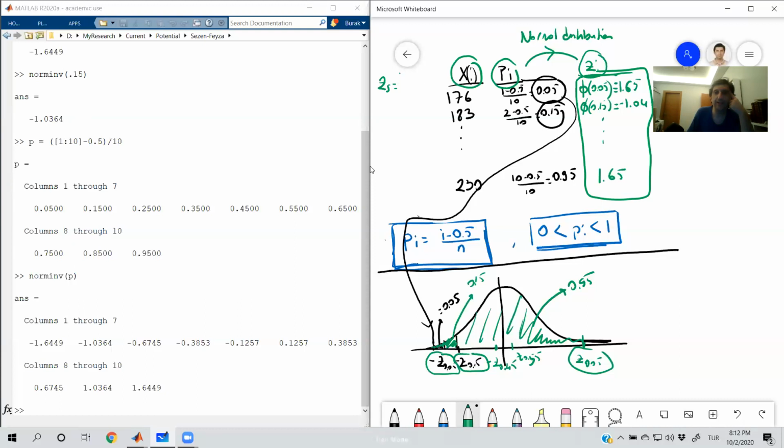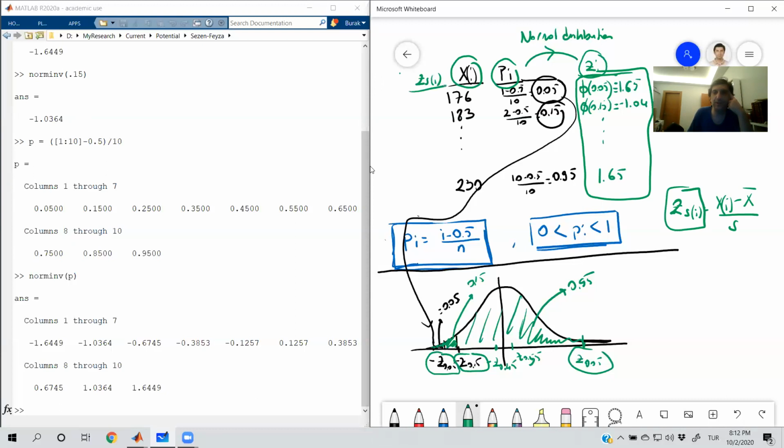Z sample of the ith observation is going to be equal to Xi minus X bar, divided by the standard deviation of X. So it's going to be this column here.